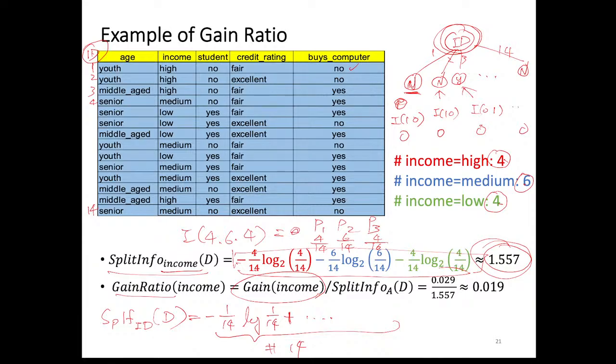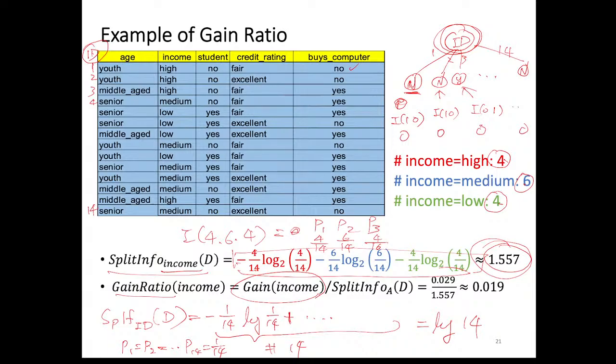So essentially P1 equals P2 equals P14 equals 1 over 14. And we know that in this situation you would end up having the maximum entropy. We have 14 cases, and in fact that's log 14.